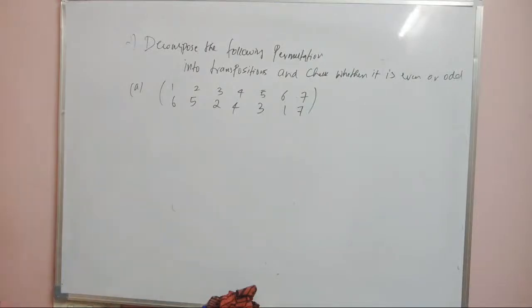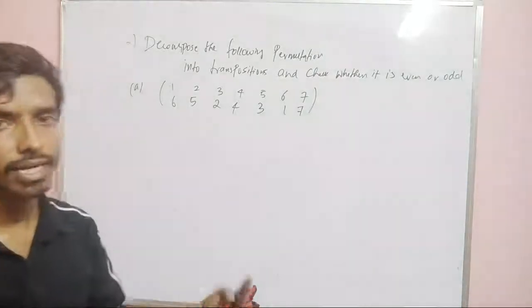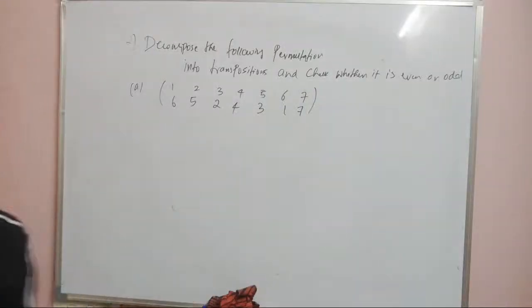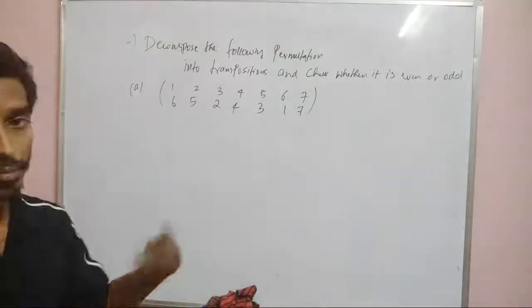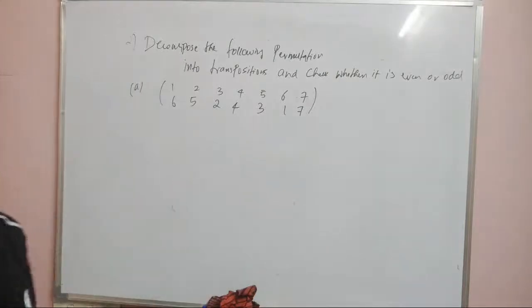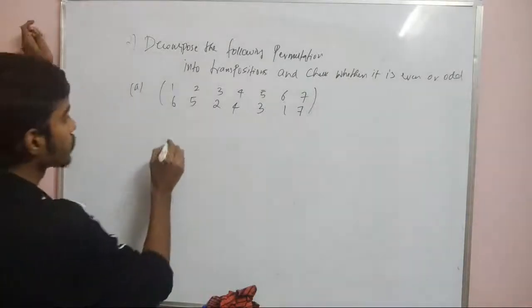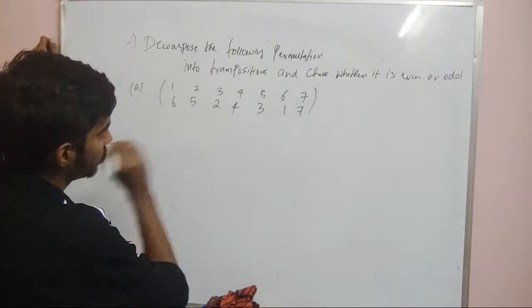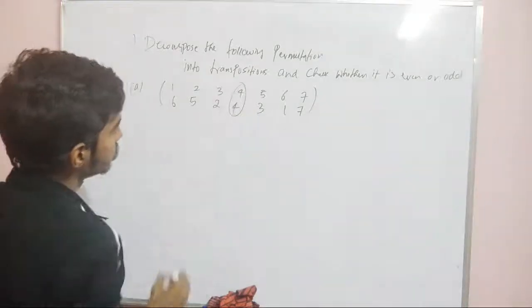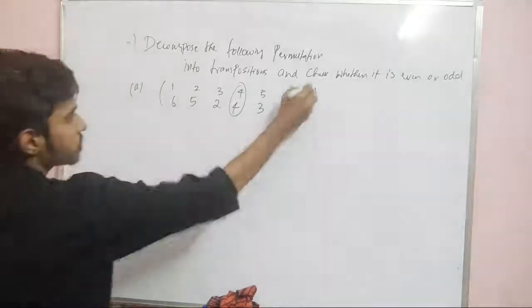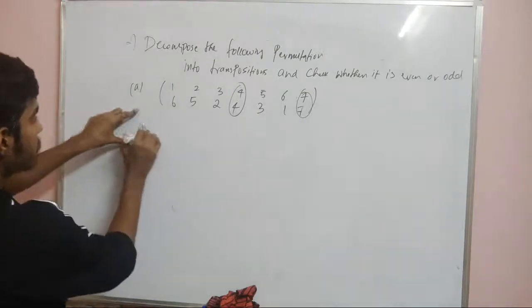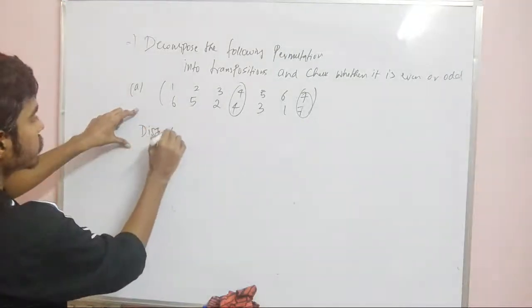Before that we will first express this as a product of cycles, and from cycles we know how to express it as a product of transpositions, and then we will count the number of transpositions. Depending on that we will say whether it is even or odd. So you can see 4 is fixed, 7 is fixed. So we don't need to write 4 and 7. First we will write this as disjoint cycles.